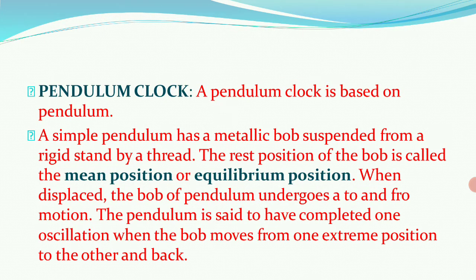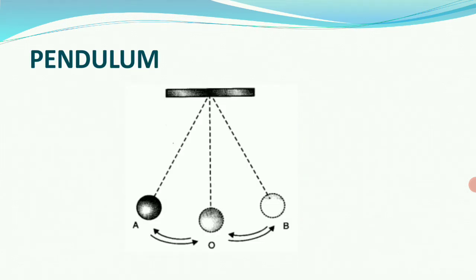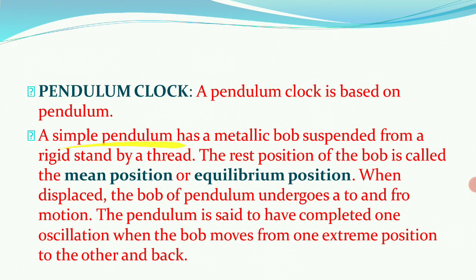The next invention in the clock is the pendulum clock. A pendulum clock is based on a pendulum. So what is a pendulum? A pendulum is nothing but a metallic bob tied with a string and placed on a rigid stand. A simple pendulum has a metallic bob suspended from a rigid stand by a thread.